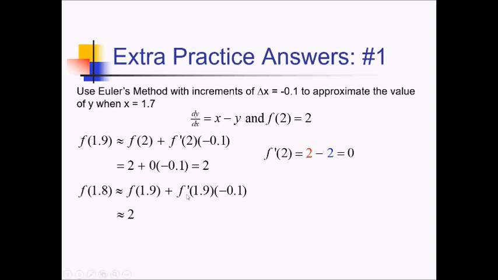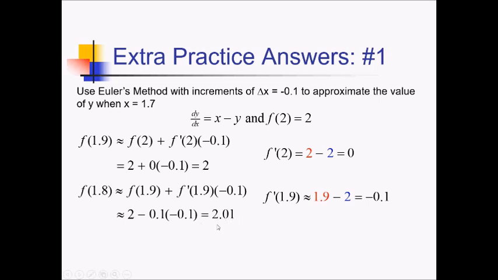And for f prime of 1.9, we have the x value 1.9 minus this y value that we just found of 2. So this is going to come out to negative 0.1. So we have negative 0.1 times the step size, which also happens to be negative 0.1. If I multiply those together, that's going to be positive 0.01. So this comes out to 2.01 when all is said and done.